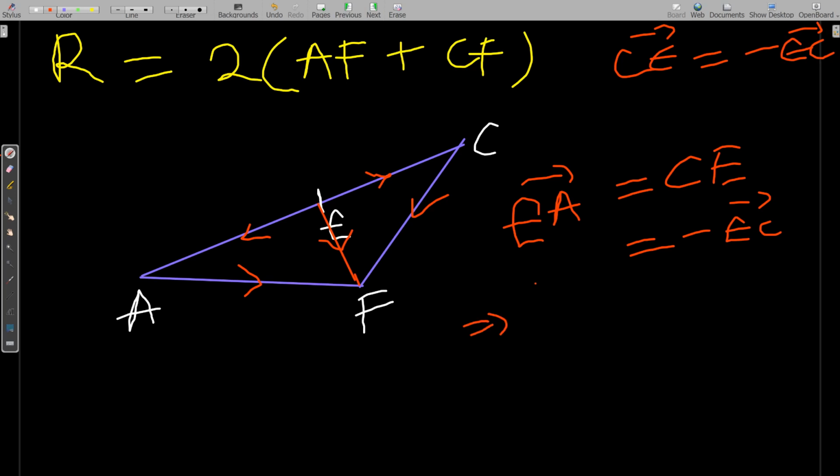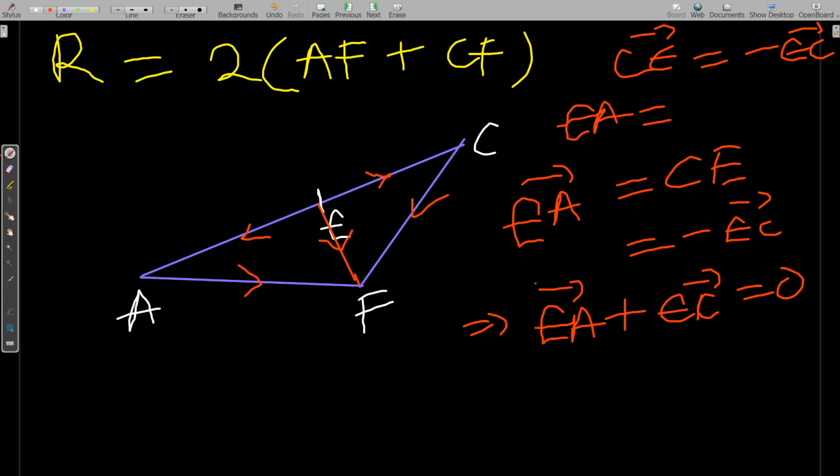So this will imply that EA plus EC should be equal to 0, because EA is the same as minus EC. If I pick minus EC to the other side, it becomes EA plus EC. We said that EA is the same as moving from C to E, so that makes sense.